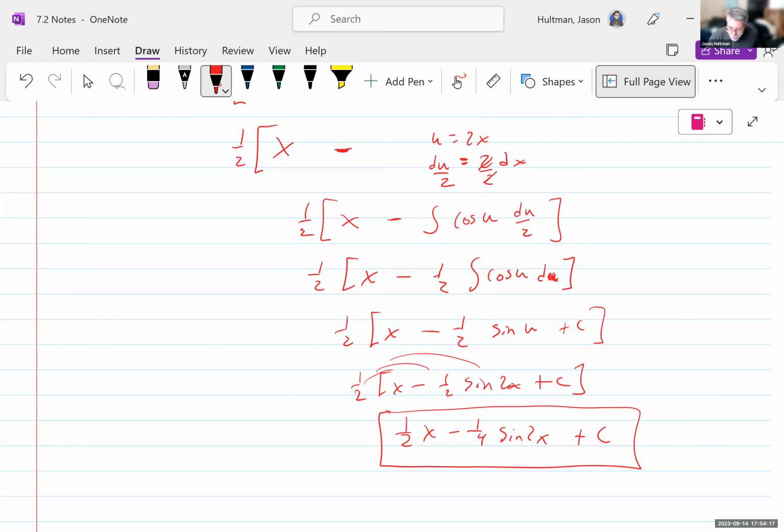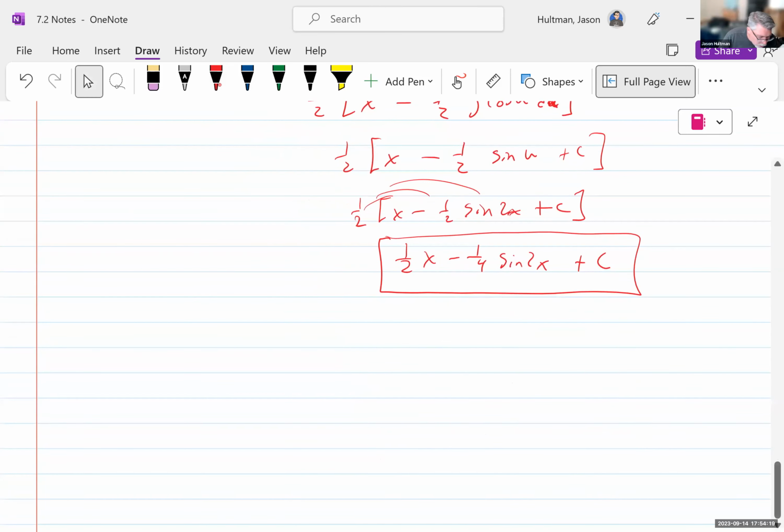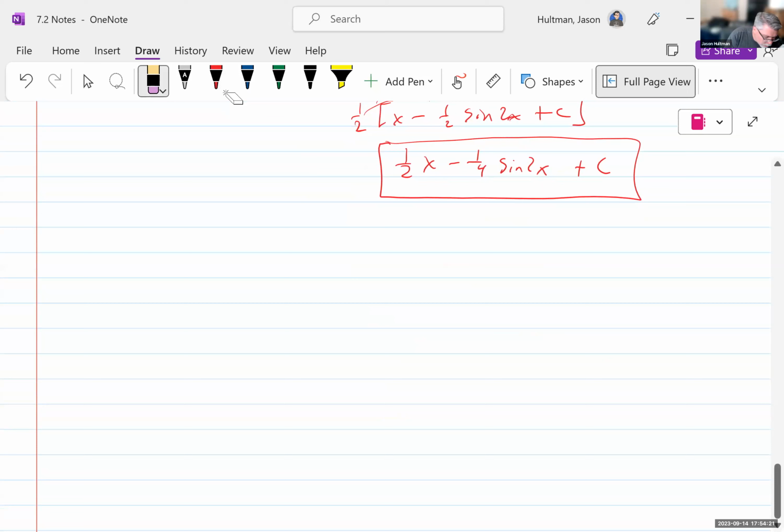Okay, let's look at tangents now. Tangents and secants.